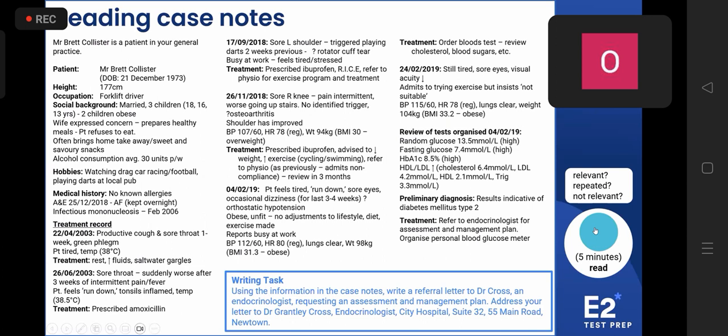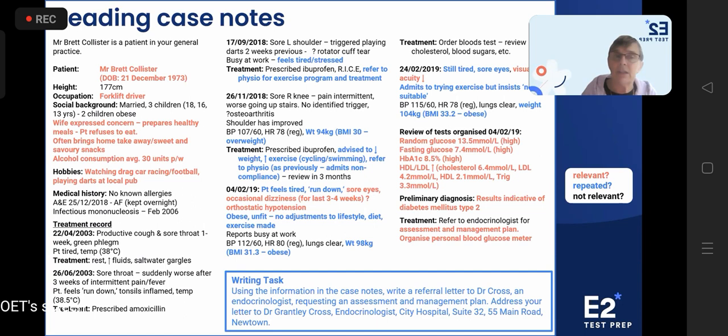Okay. Now, Gus and team, what is relevant information that Mr. Grantley Cross needs to know? Likes takeaway sweet, savoury snacks and consumes 30 units of alcohol per week.